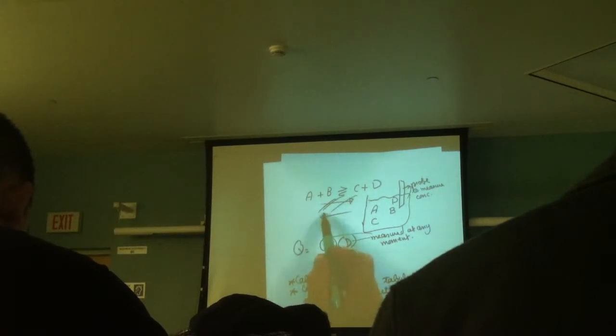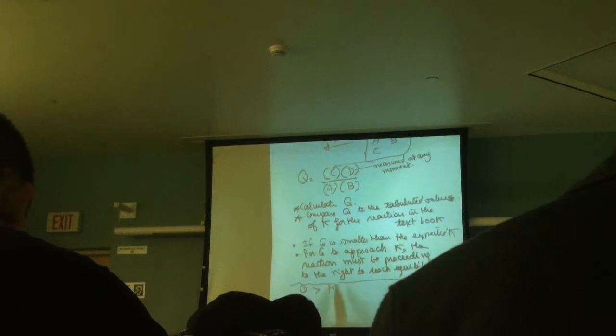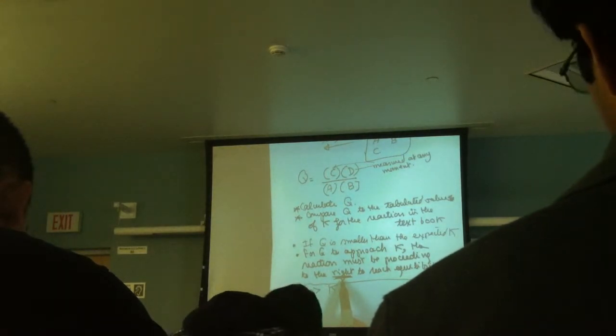To the left. To get rid of that C and D, I have too much, more than what I need for equilibrium. Would you kindly write another sentence? Write another sentence, guys. Instead of right, you're going to say what? Left.